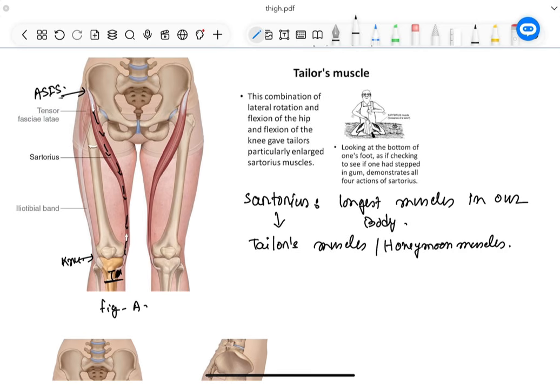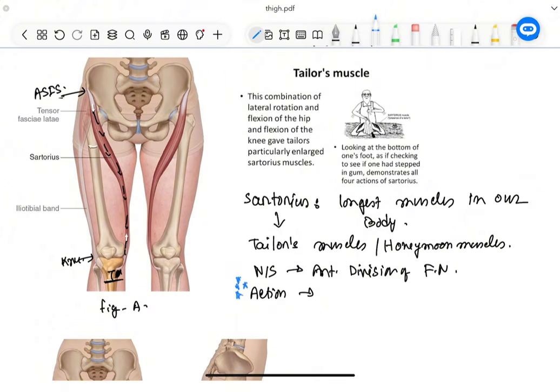Now come to its nerve supply. The Sartorius gets its nerve supply from the anterior division of the femoral nerve. As I said, compartment-wise, the maximum number of muscles are supplied by the femoral nerve. Then come to the action. The Sartorius action is very important.